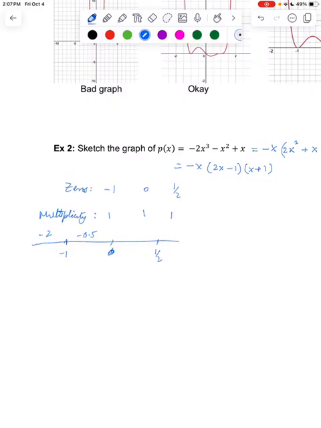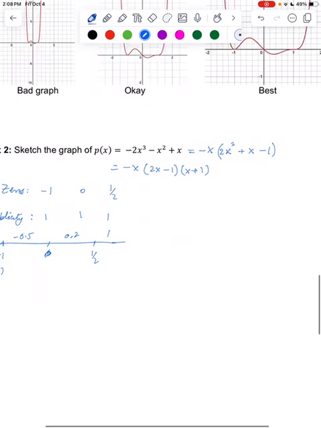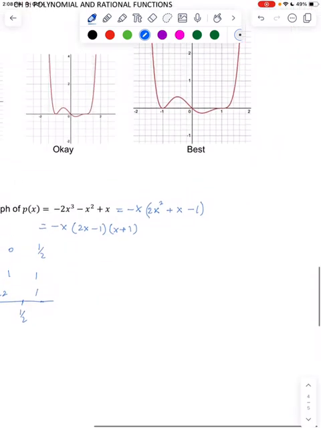I can take the value maybe 0.2 or 0.1, and then here I can take the value 1. So basically at the same time we can have our table of values. So at -2, what is the value? Go on a side or on a scrap paper, work it out.